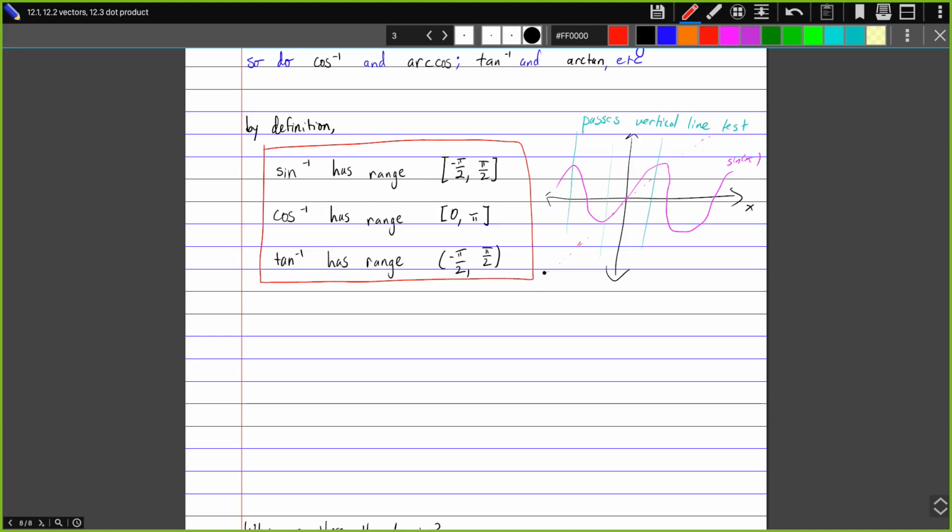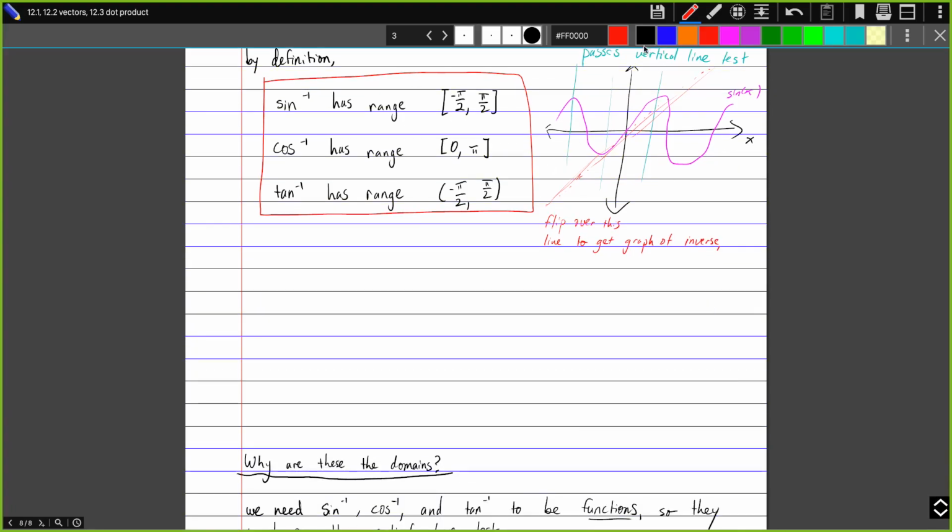So if I flip over this line to get the graph of the inverse, that gives me a graph that looks something like this.